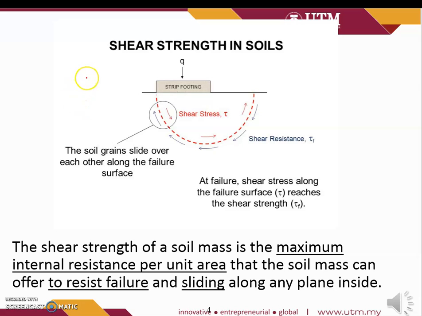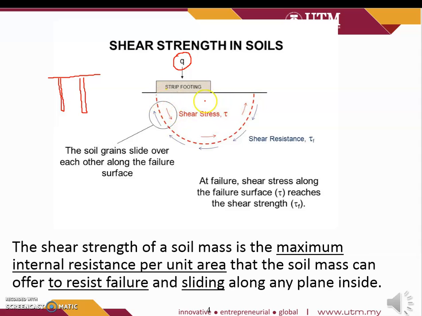Sometimes in a building we might also have a pile. The piles are a deep foundation. The piles or the strip footing, or different types of foundation, are usually there to bear the loading from the building.